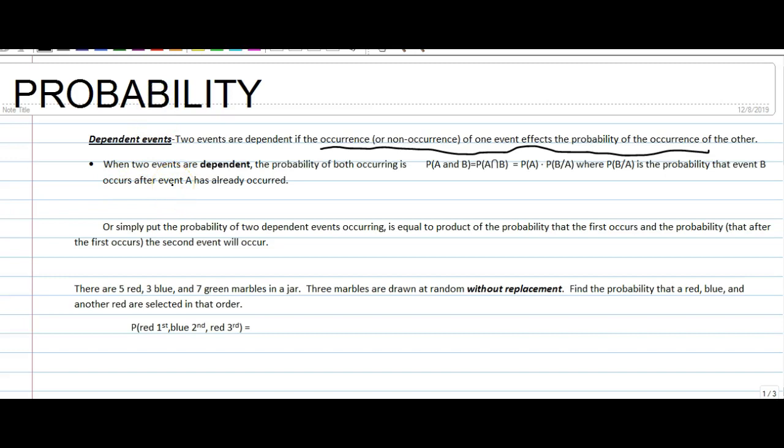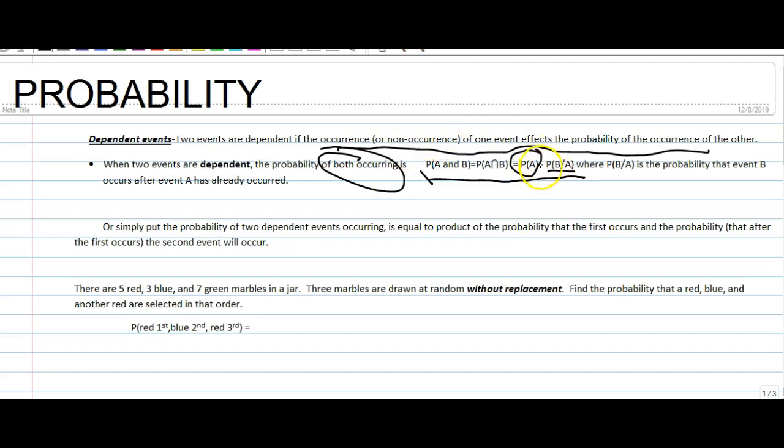When two events are dependent, to find the probability that both occur, just as we did for the independent events, we're going to multiply their separate probabilities. So again, the probability that two dependent events both occur is equal to the probability that the first one occurs times the probability that the second one occurs, given that the first one has already occurred.